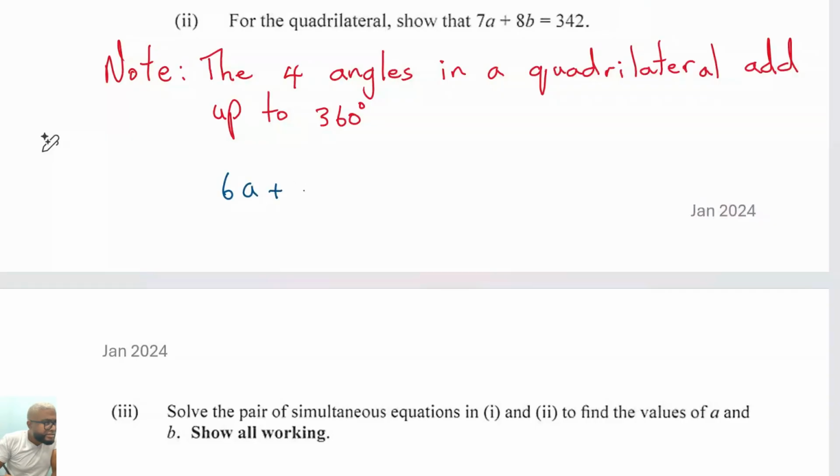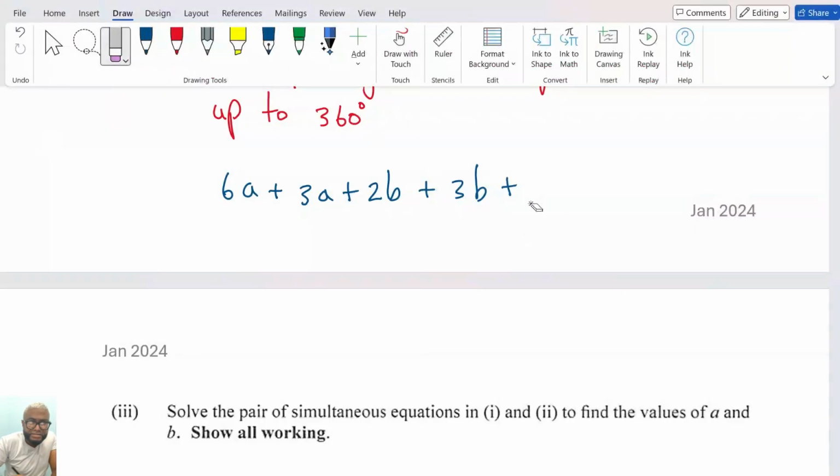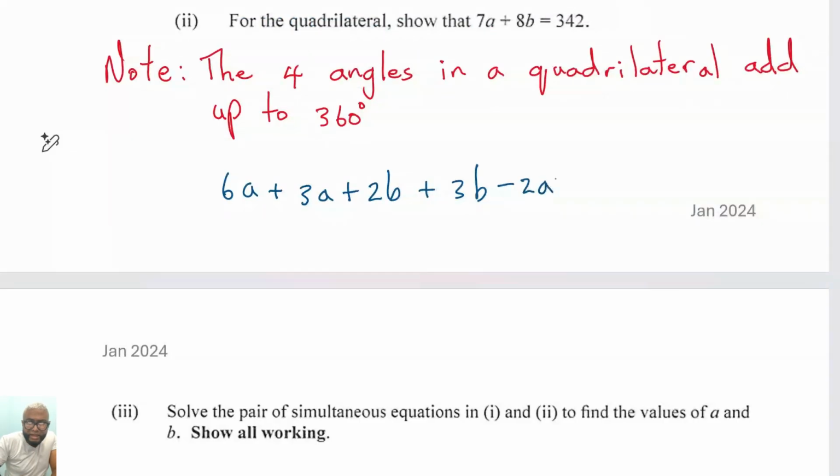6A plus 3A plus 3A plus 3B. You're going in order, right? So this is 3B. What next? 3B minus 2A.